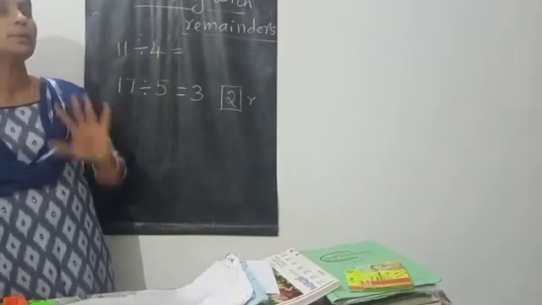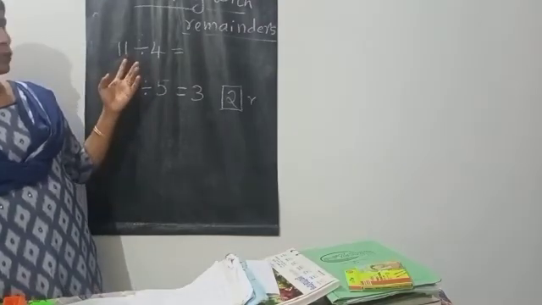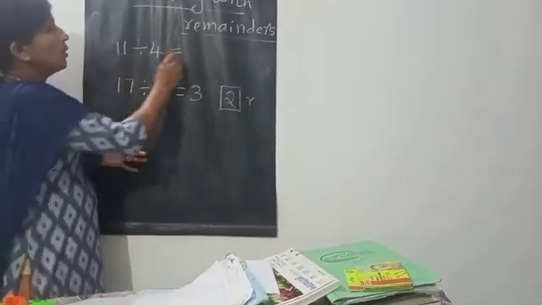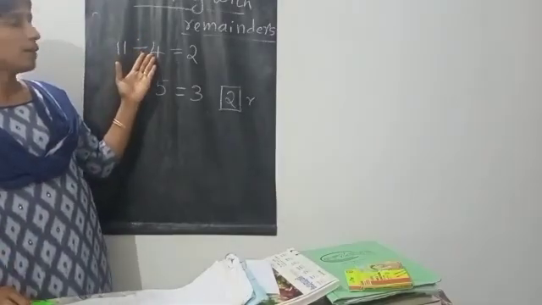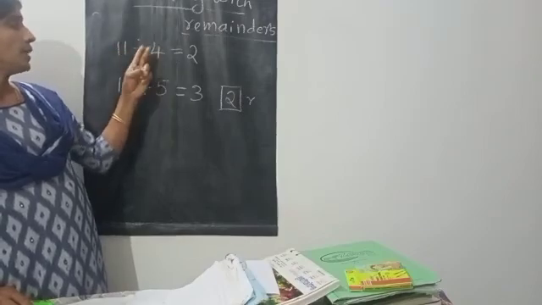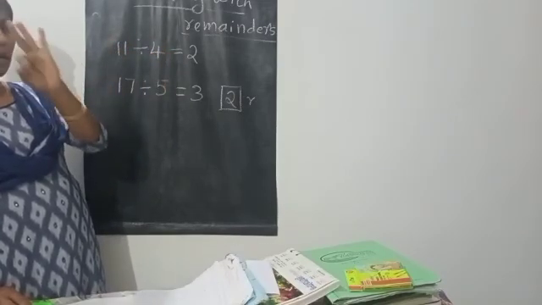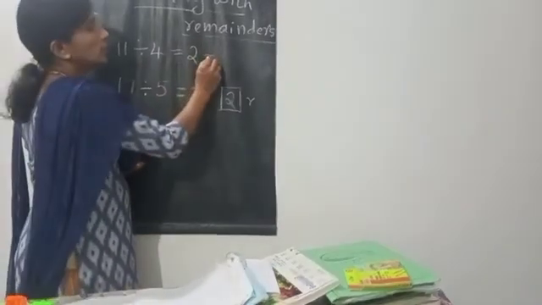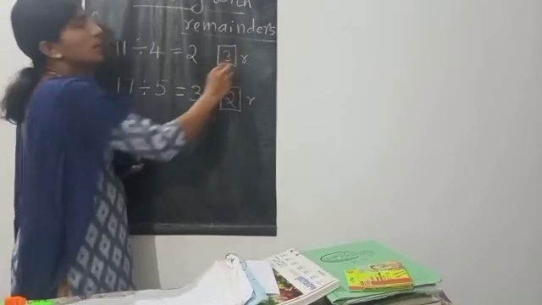So we can stop here. 2 times 4 is 8. So we can take 2 times. We can take 4 two times from the number 11. When we take, we will get 8, then 9, 10, 11. What is remaining? 3 is remaining. So 3 is the remainder.